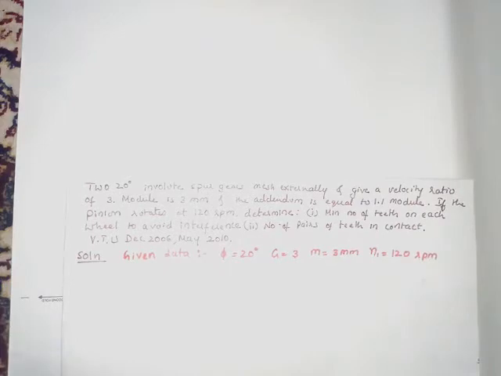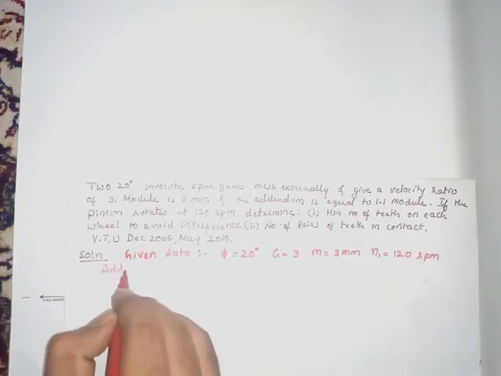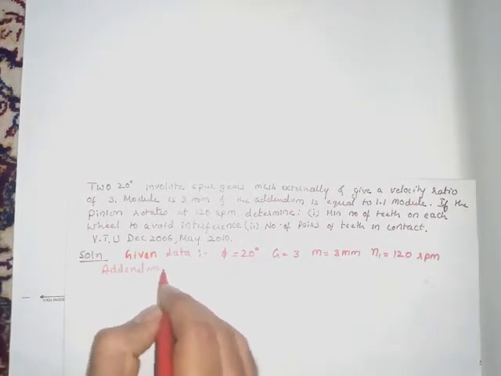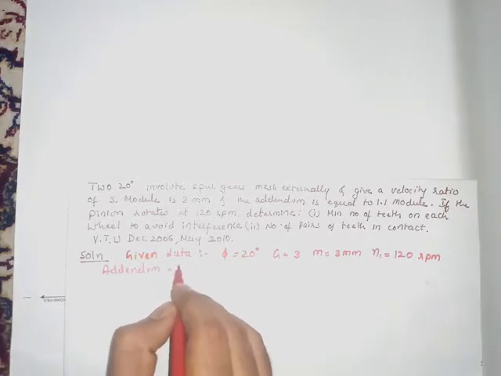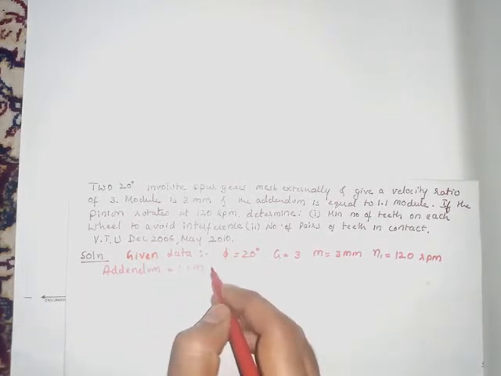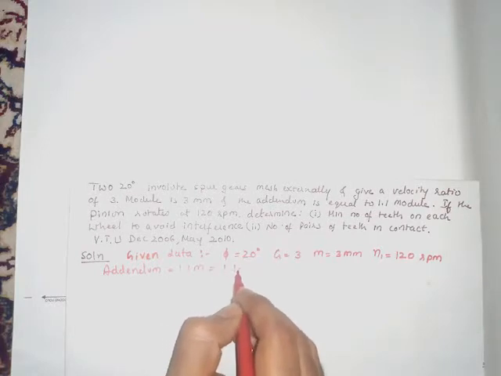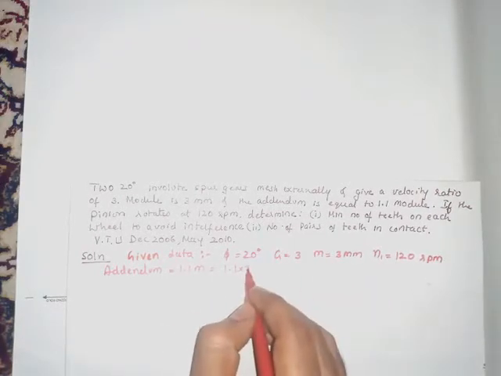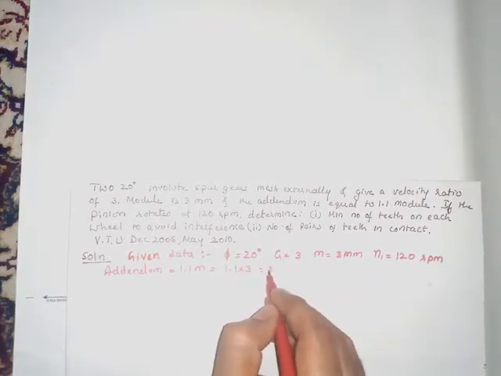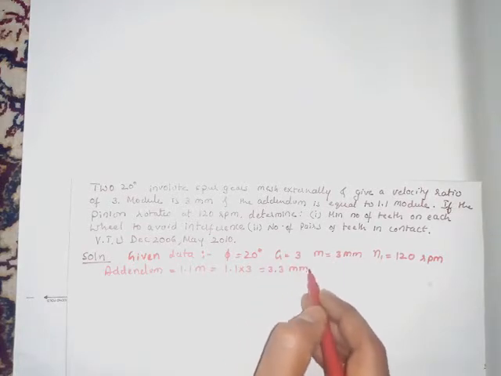Addendum is given as 1.1 module, which is nothing but 1.1 into module is 3, so it becomes 3.3 mm.